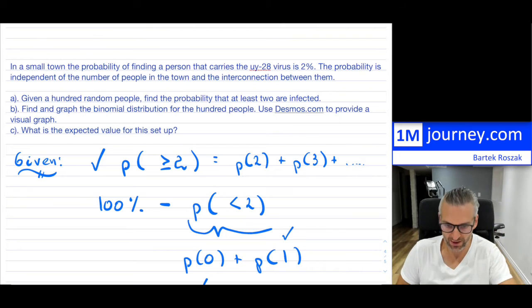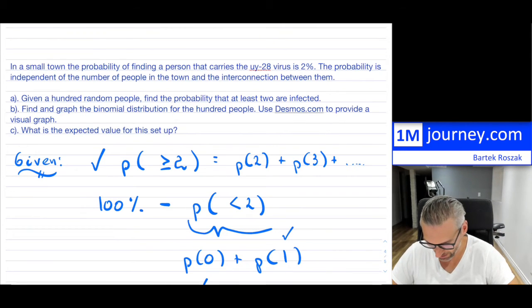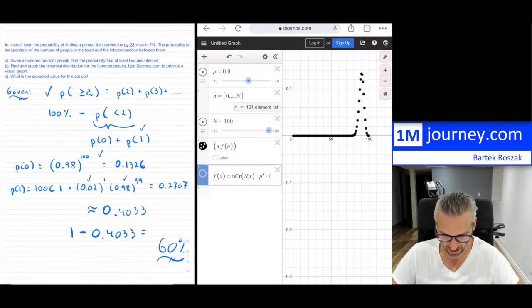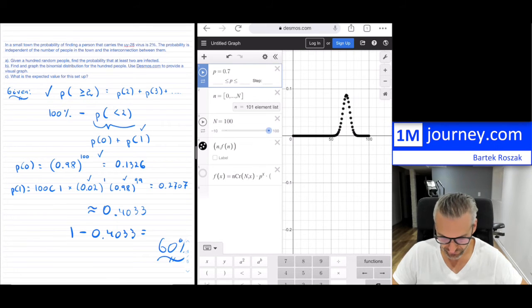Okay, so to do this, let me bring out Desmos. I had it when I was making the other video. So here it is. So what do we have? First of all, the probability is 2%.